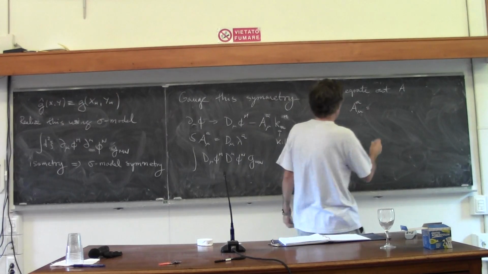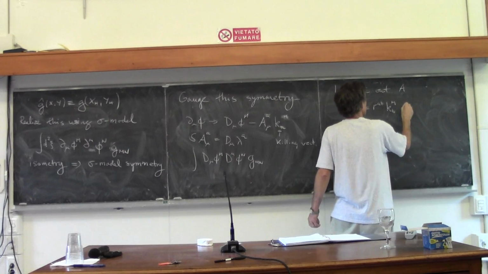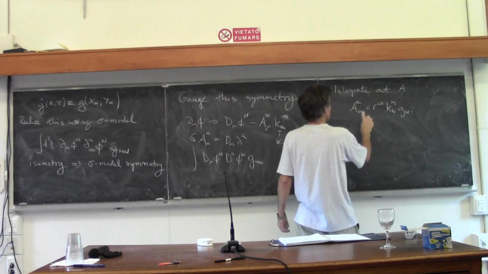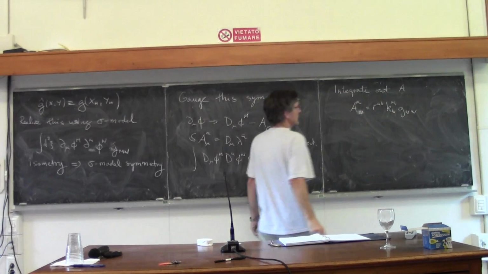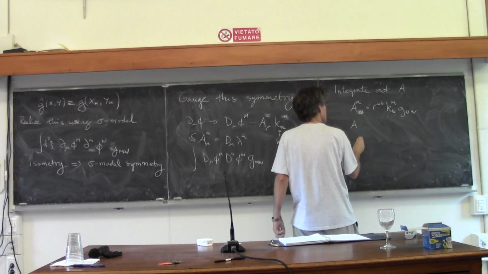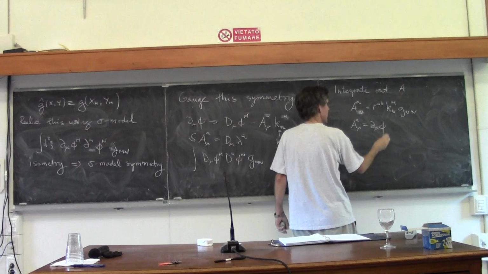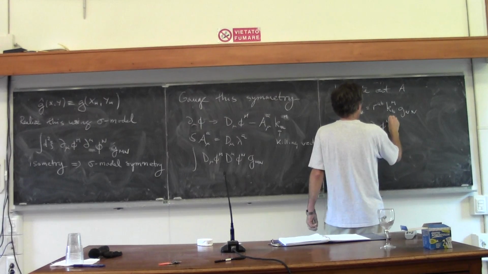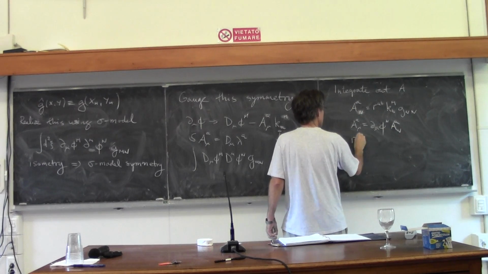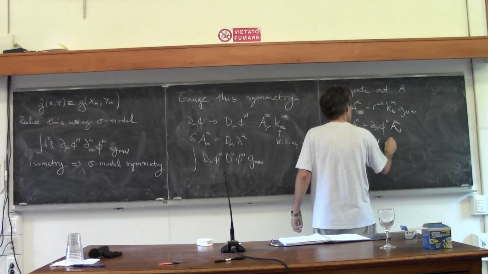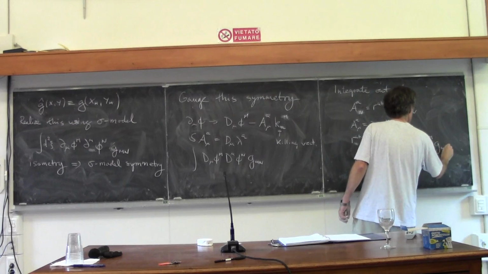So this now looks like this, if I define this connection on the target space, A_mu equals some expression in terms of the derivative of phi, and the inverse of R_ab is the G.